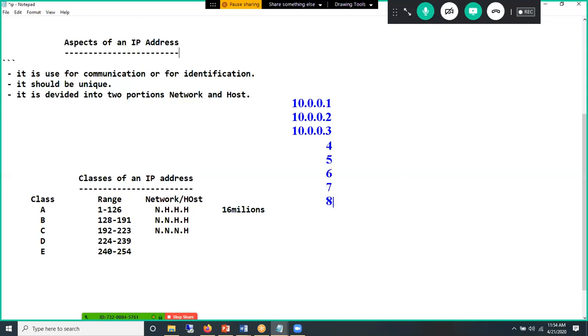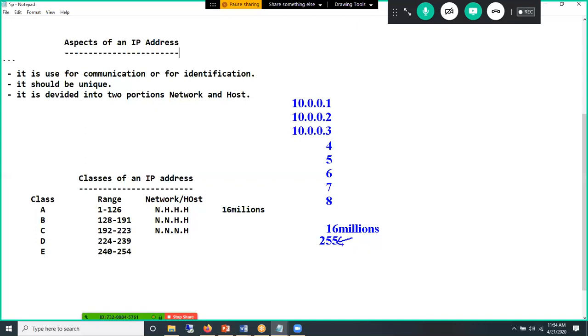How much does it go at maximum? The maximum value you'll get is 255. Why are we getting this number 255?